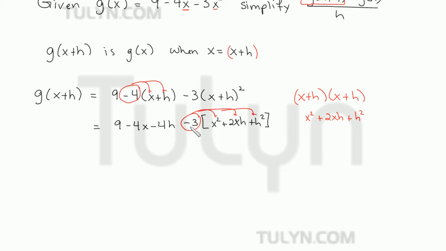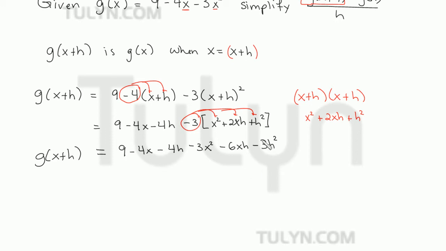Remember, since the sign is negative, you have to distribute the number and the sign. So we get 9 minus 4x minus 4h minus 3x squared minus 6xh minus 3h squared. So that is the value of our g of x plus h.